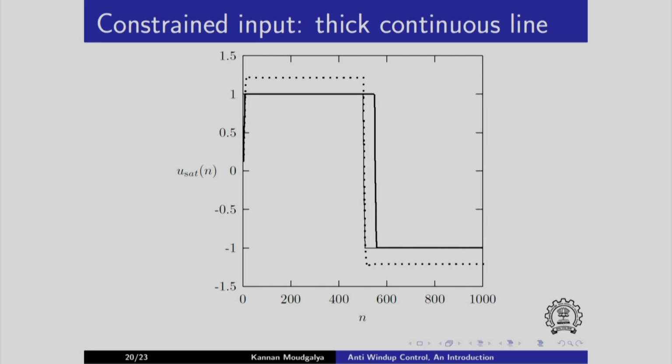When you run them, you get this response. The constrained input results in the thick continuous line. We are constraining it to 1. Although the plant requires a control effort of 1.2 as we saw earlier, because of the restriction it stays at 1.